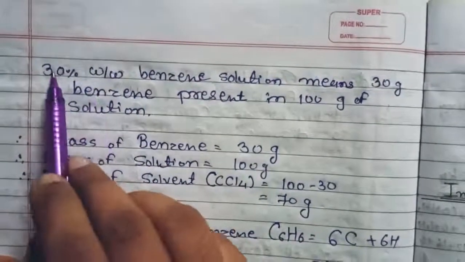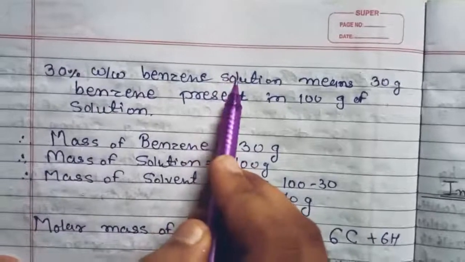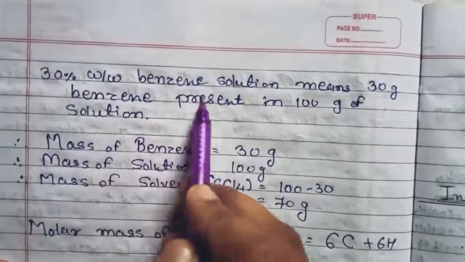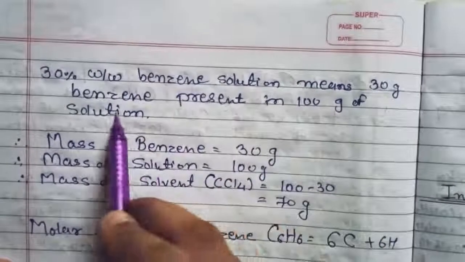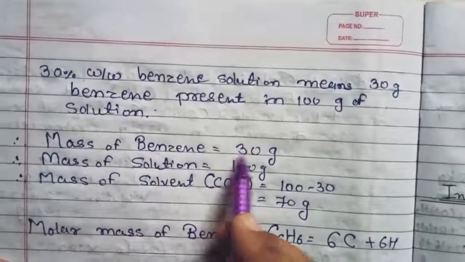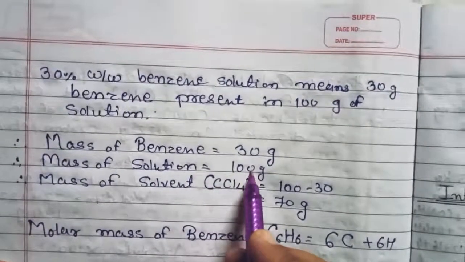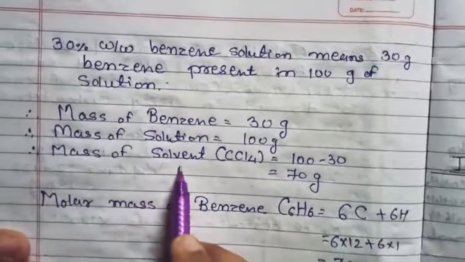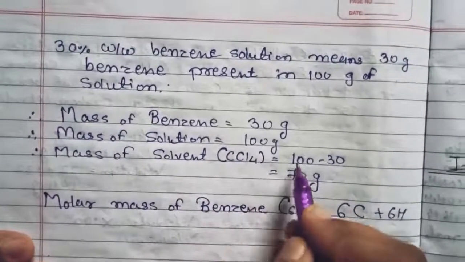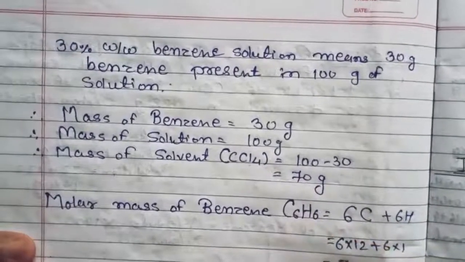The 30% W by W benzene solution means 30 gram of benzene present in 100 gram of solution. So the mass of benzene will be 30 gram and mass of solution will be 100 gram. Now the mass of solvent, which is the carbon tetrachloride, will be 100 minus 30, so it is 70 gram.